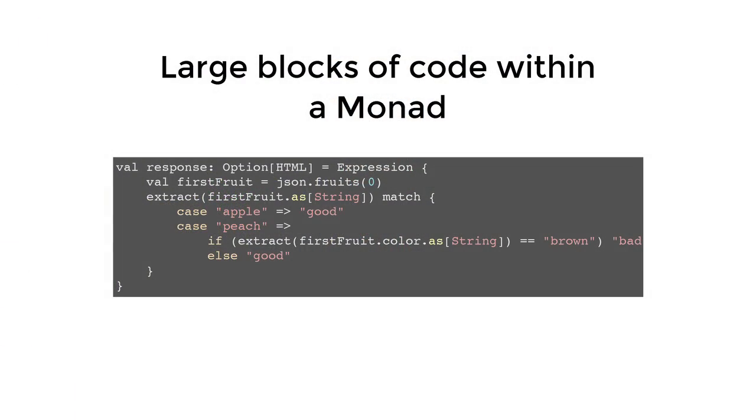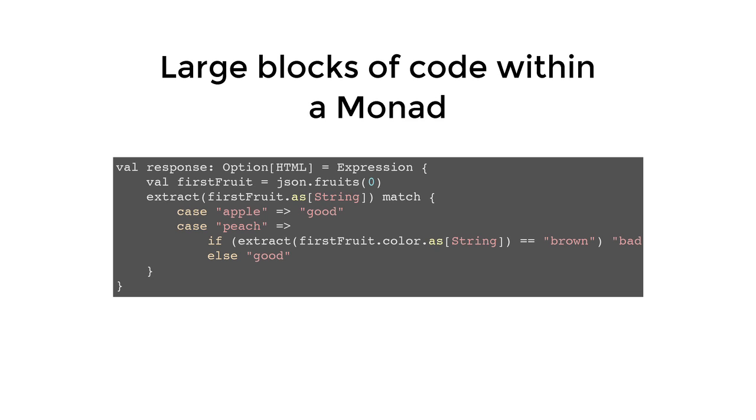And kind of the same thing if you have these, in this case it's option instead of future. The idea is, we have a match statement, we have an if statement. If we would try to do this with a for comprehension, it would start to break down because for comprehensions expect this kind of linear thing. And here we have a bunch of options because we're using a JSON library, the Rapture JSON library.